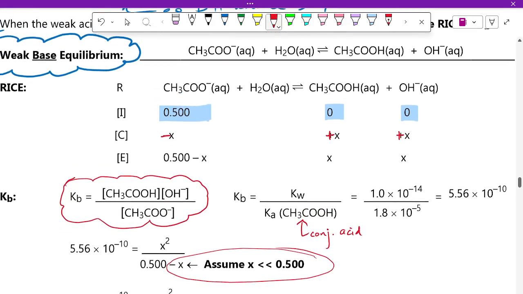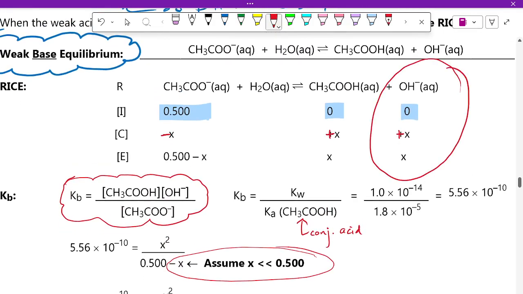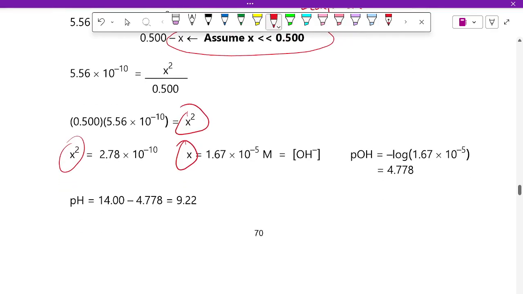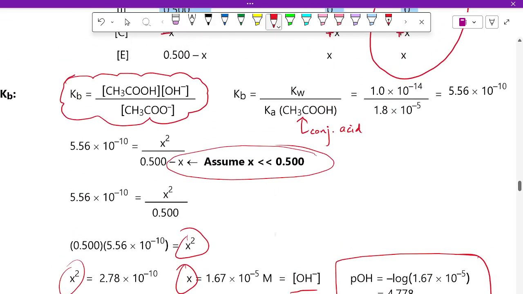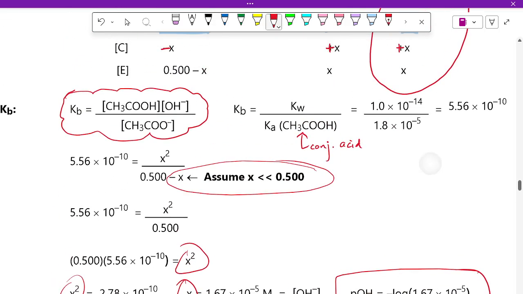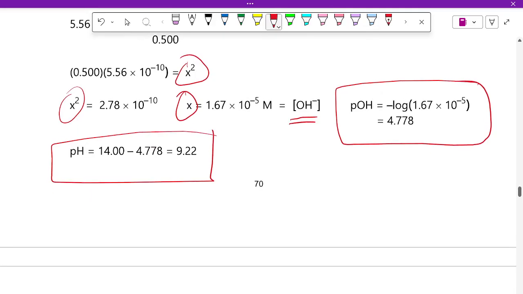X was concentration of hydroxide. So that's our concentration of hydroxide. Find the pOH, find the pH. And because these values had 2 sig figs, our answer should have 2 sig figs. Is that good? Okay.